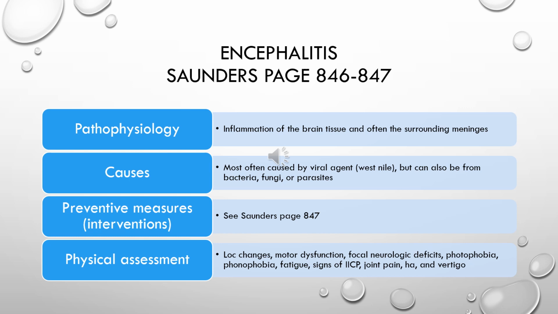They'll be fatigued, and you'll see signs of increased intracranial pressure. If you ever see IICP, that's what that means. They can have joint pains like myalgias, headache, and may also have some vertigo. Again, think about that in terms of cranial nerve involvement from inflammation. That's why you're seeing that particular side effect.